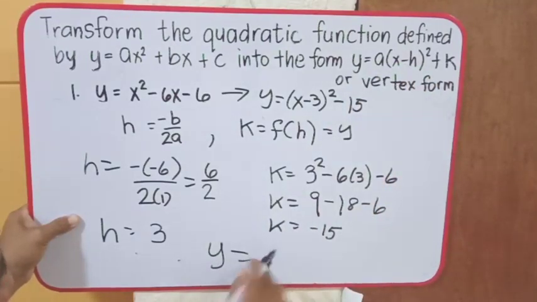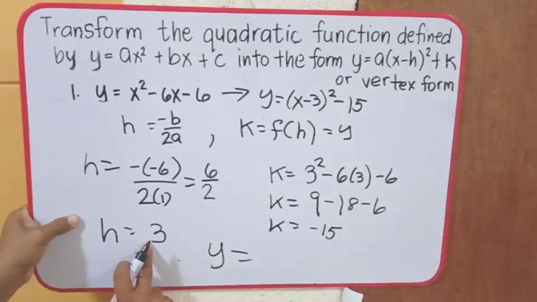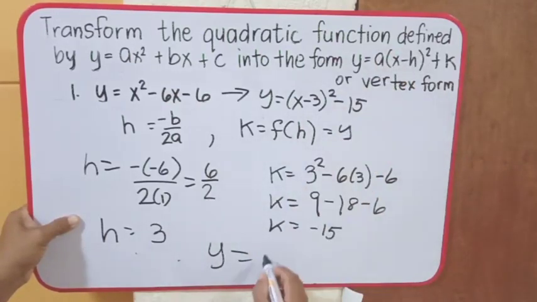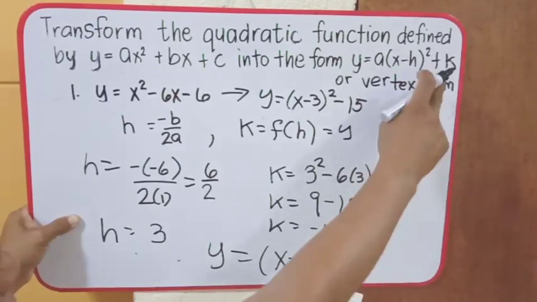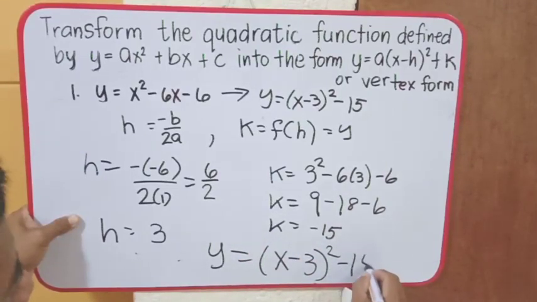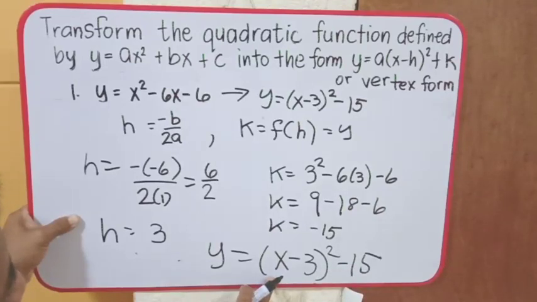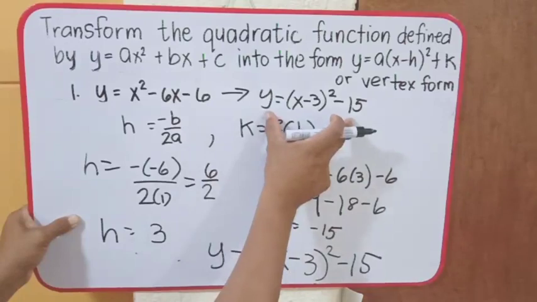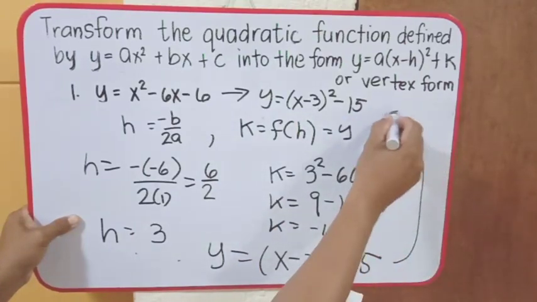Ibig sabihin, yung h natin na 3 magiging negative 3. So, x minus 3. Okay? Quantity square. At yung k natin na plus, kung ano yung nakuha natin k dito, hindi na siya mababago. So, makikita natin na yung another method, parehas lang din sila ng value.